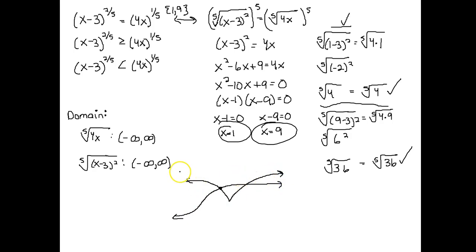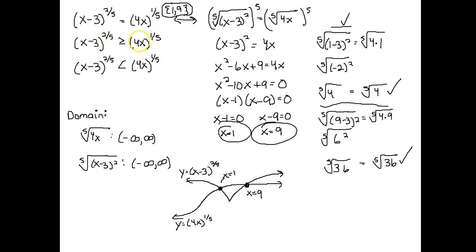The V shape is the x minus 3 to the 2/5 power. The S shape is the 4x to the 1/5 power. They intersect at x equals 1 and x equals 9. So those points of intersection are where they're equal.